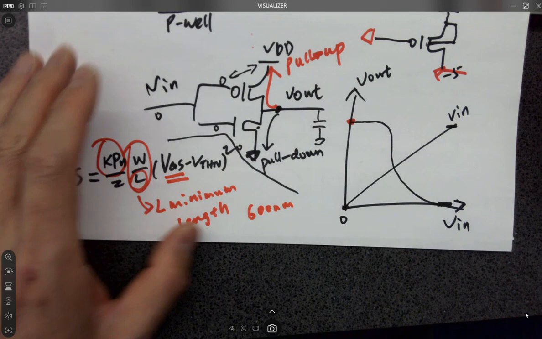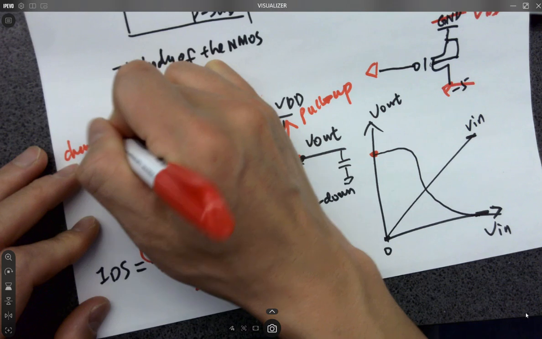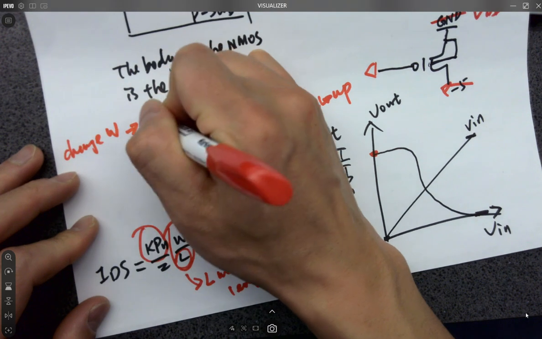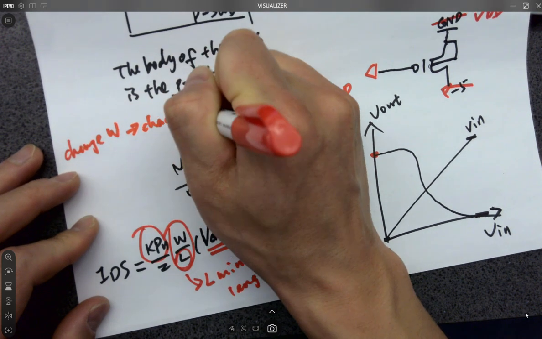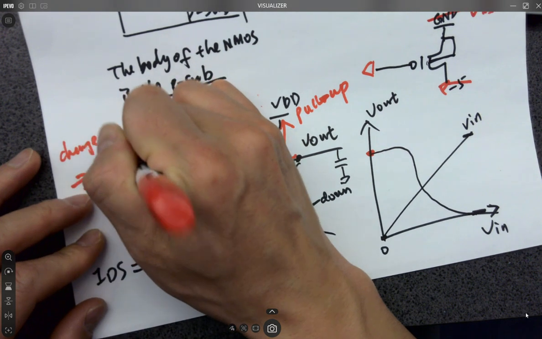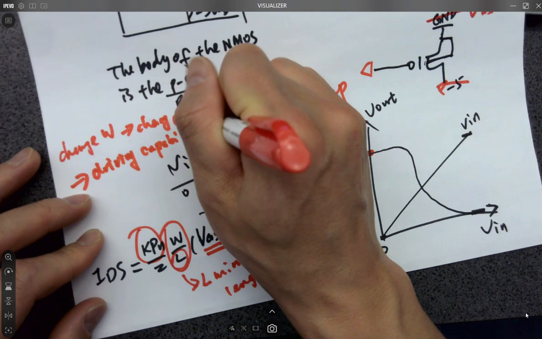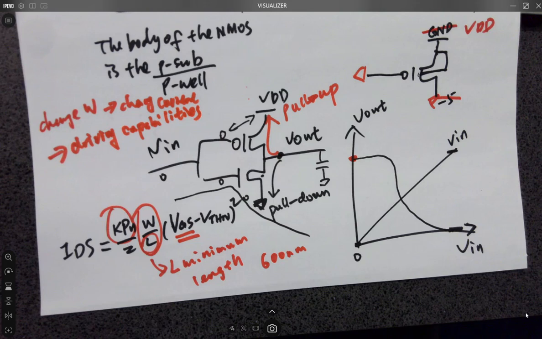In order to change what? To change the driving capabilities. So we change W to change the current in order to change the driving capabilities. So we don't touch L really. In digital circuits, keep L at the minimum, so you can reduce the total footprint of the whole circuit.